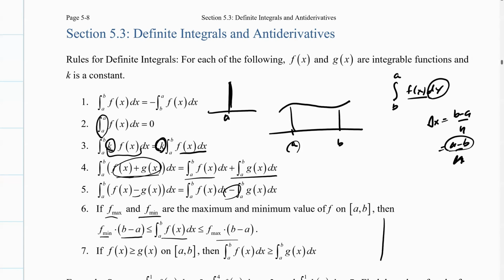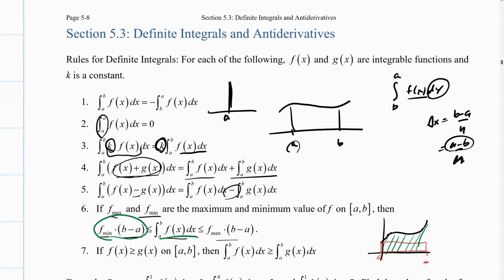In other words, if I have some function, let's make this extreme, f min, if this is a and this is b, f min times b minus a is the area of that rectangle, whereas the area under the curve would go higher than that rectangle. So clearly this has to be less than the integral.